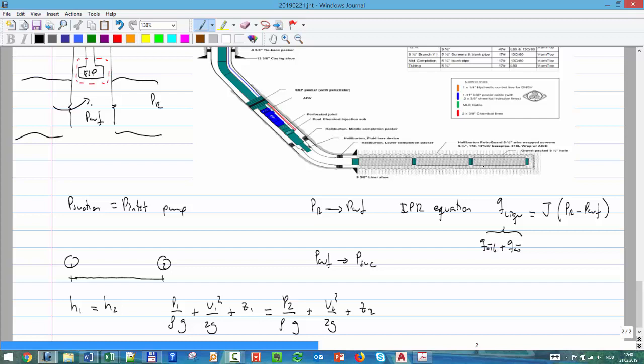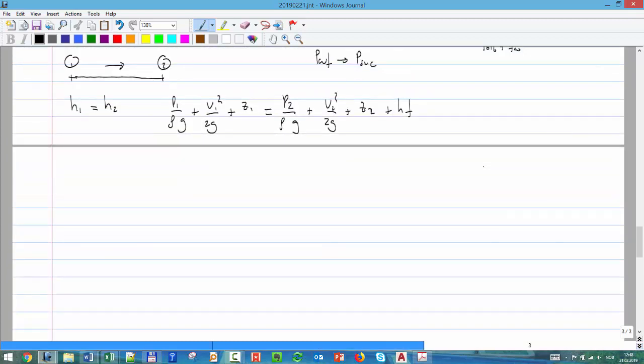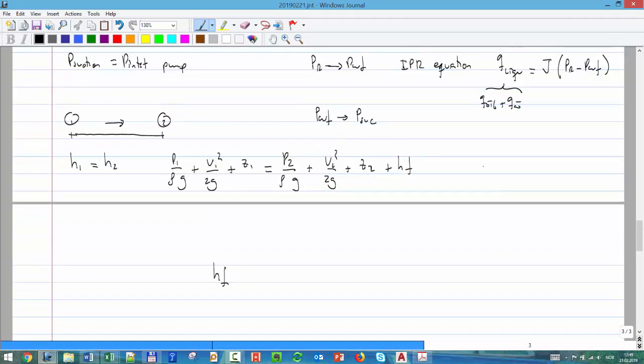And if we have losses, how do we account for losses in this equation? Add a friction term. If we flow from 1 to 2, we add a friction term. So the energy at 1 will be what you have at 2 plus what you have lost, HF, which is the friction term. Z is the elevation. So it's Z1. 2g.